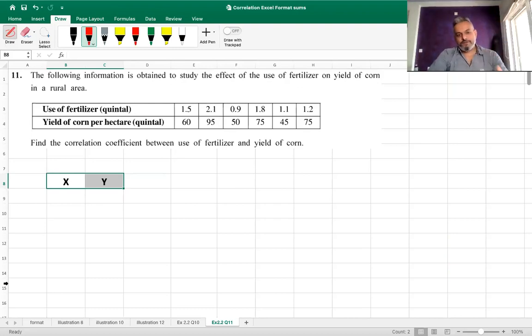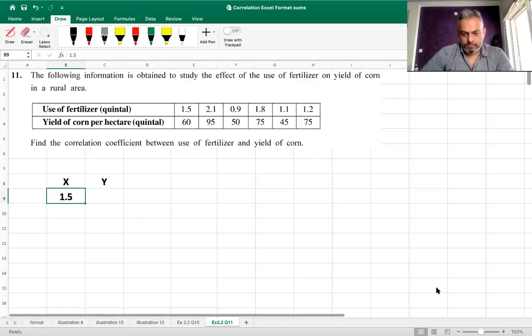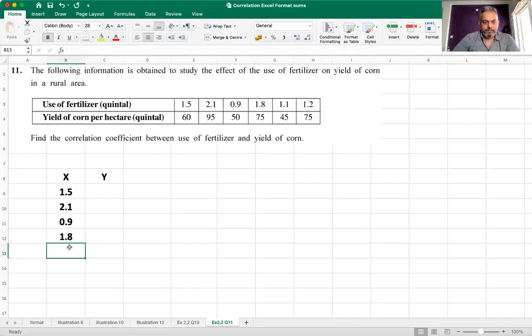Now, find the correlation coefficient. So let's first write the sum. X is in fractions: 1.5, 2.1, 1.1 and 1.2.